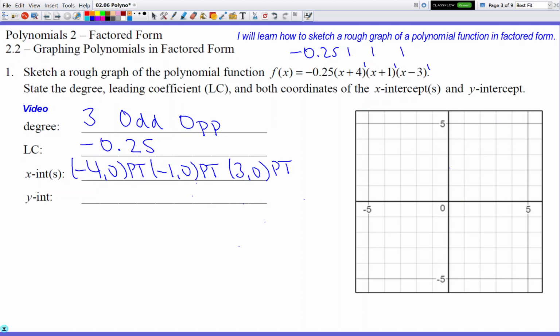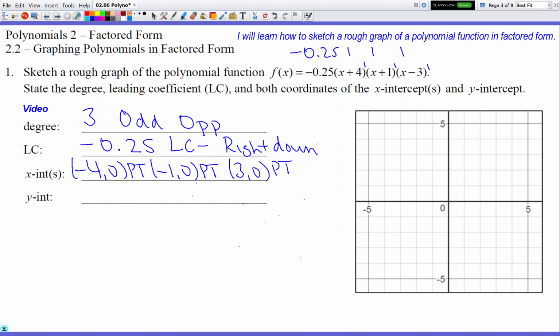And from there, you're going to understand that this is a negative number. So your LC is negative, which means right side down. Okay, your LC is negative, so right side is down.